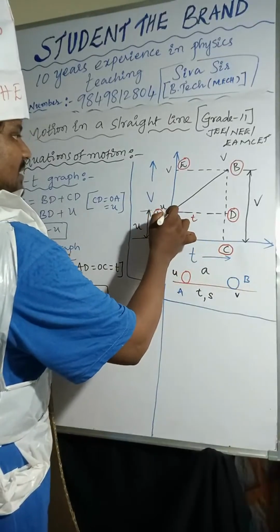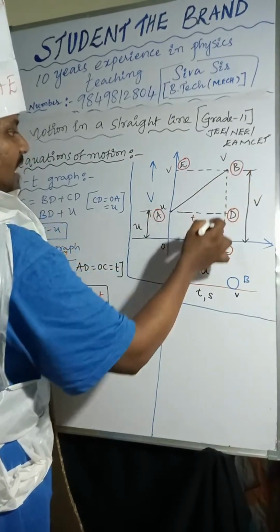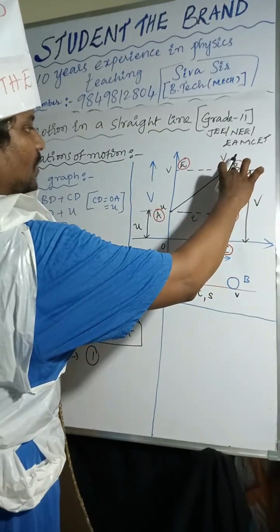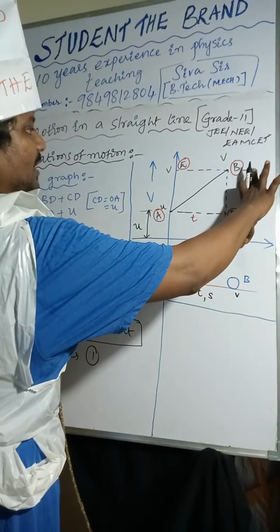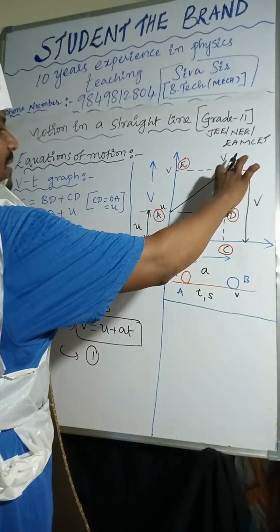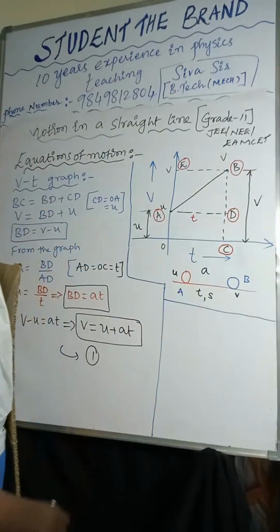Point A is the initial velocity, and point B is the final velocity. We are drawing this line CD. We don't know this distance, but we know the final velocity and the initial velocity, so we can get V minus U. But we have to find it from the graphical method.